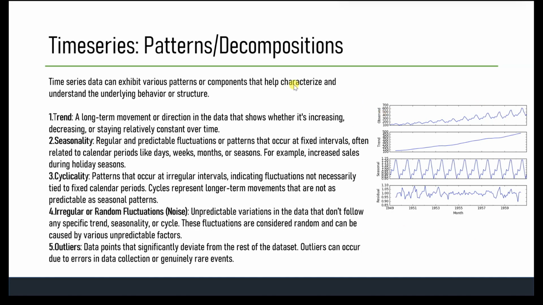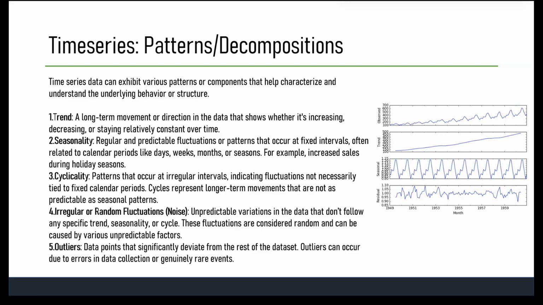So first is trend. Trend can be upward, indicating growth, and it can be downward also, which indicates decline, or a horizontal line, which shows no significant changes. So trends showcase the long-term movement or direction of the data.